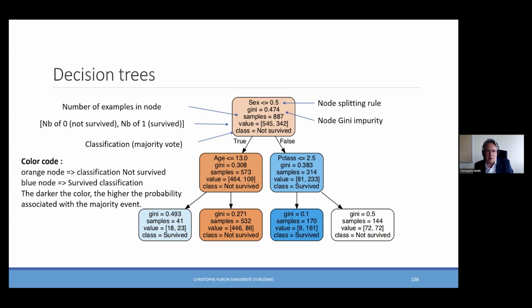Let me consider a case. So just gender, or sex. Sex is the name of the variable, but it is gender.